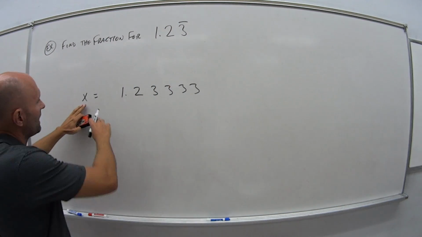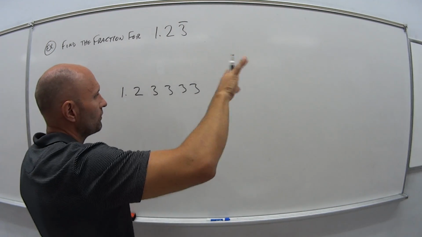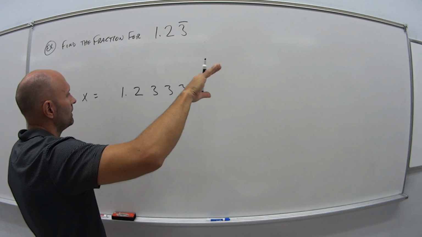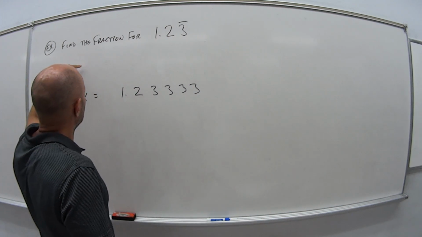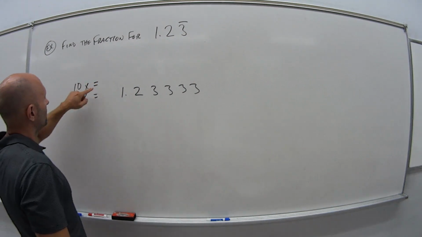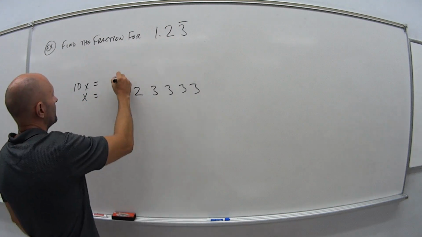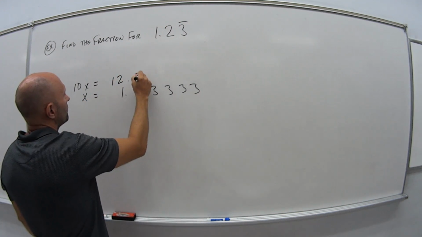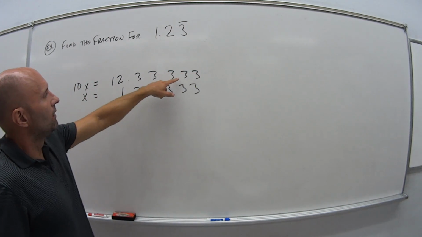If I just said x is equal to this guy, remember that I want everything after the decimal to be the same. Well, no matter what I multiply this by, let's say I do 10x. 10x means the decimal moves 1 place. So that gives me 12.3333, it keeps repeating.